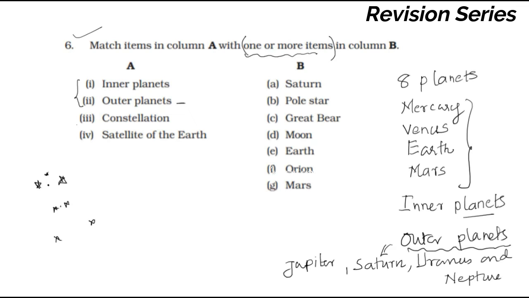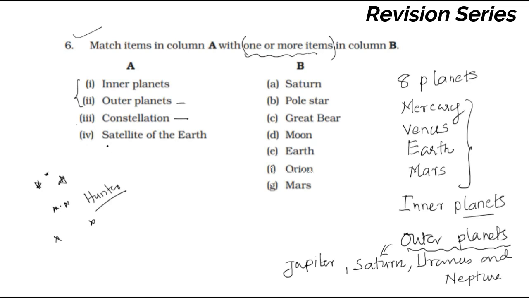Sometimes they are visible in the form of some mythological character called hunter. Okay, so that is a group of stars which resembles some mythological character. So these are constellations, right? So understanding of constellation is over. We have already covered this in the previous videos.